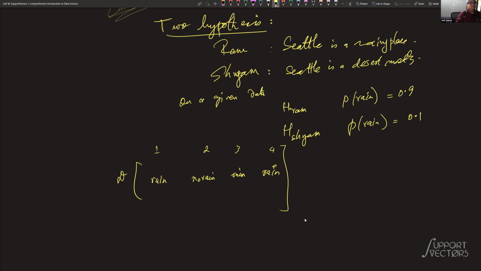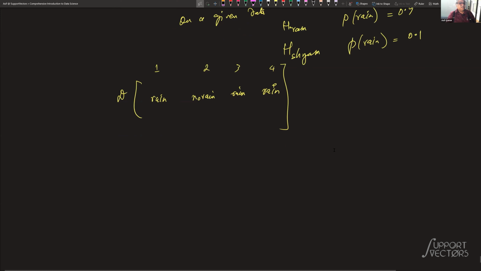So let's see what it is according to Ram. See, each day is an independent event. In reality, it's not like that. If it rains today, the probability that it will rain tomorrow is quite high. There's sort of auto regression in the data. But we'll forget that. Imagine that each day is separate in a very simplified weather model.